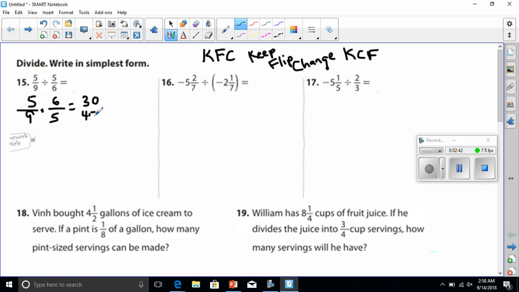If I was to go ahead and reduce this, I would see that 15 goes into both of these. And so my final answer would be 2 over 3.